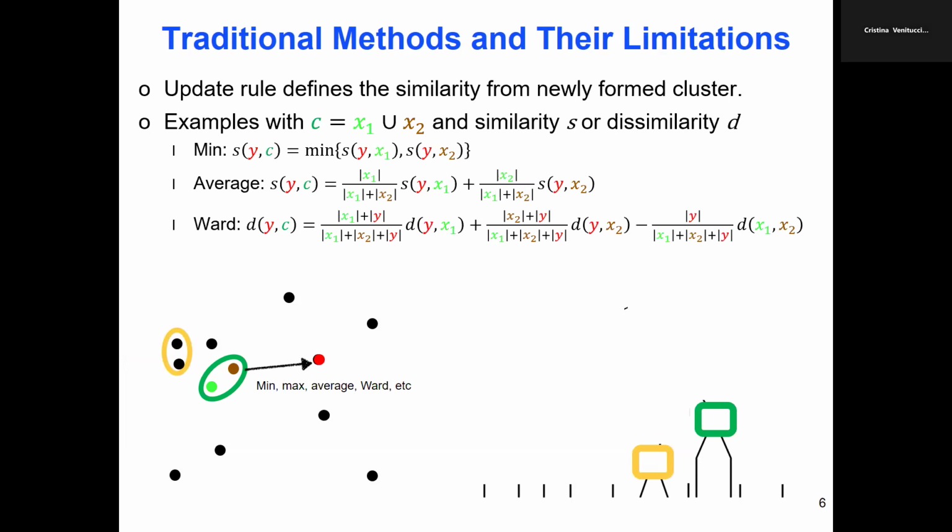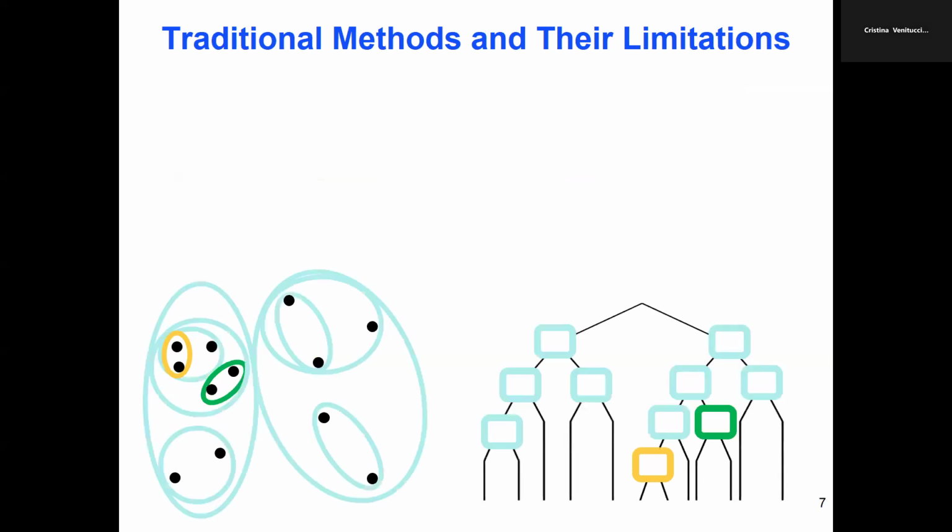These are three of the most popular ones: minimum, average, and there are also different ways to compose the average, for example Ward, which is a more complex expression like this. This defines what the new state of the cluster is going to be, and this way you can progress and build the complete tree. And so when you do that, you arrive at just a tree.